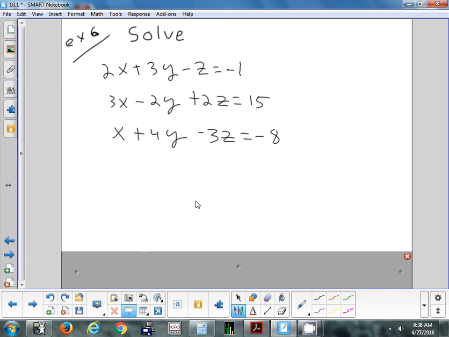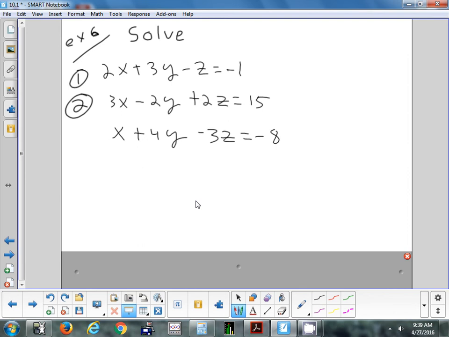All right, so what variable do you think we could try to eliminate first? X. Yeah, I think we could eliminate the x's in the first and the second equation. Okay, I'm going to use the third equation to get rid of x in the second and the first. All right, let's start with getting rid of x in the first equation.